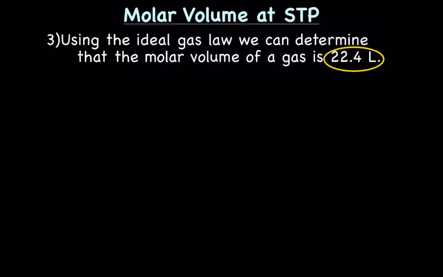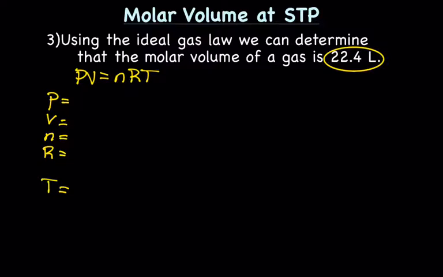We'll start by jotting down the ideal gas law, which is PV equals nRT. And let's list our variables. We've got P, V, n, R, and T. All right, and remember, molar volume of a gas, we're talking about under the conditions of STP, standard temperature and pressure.